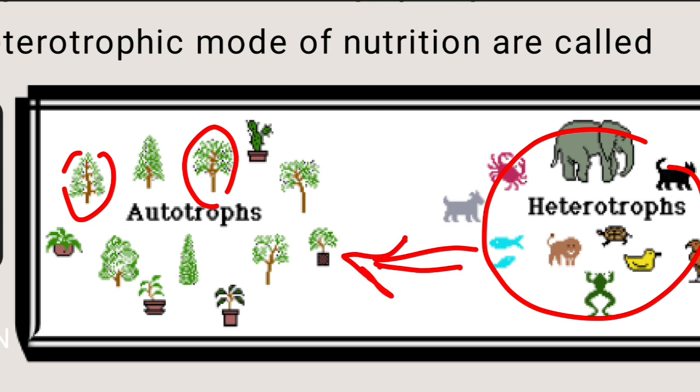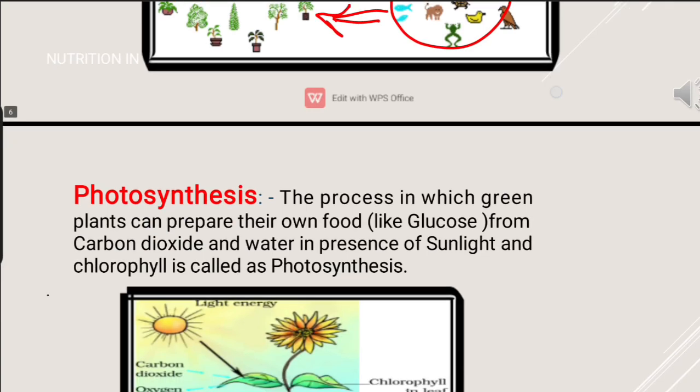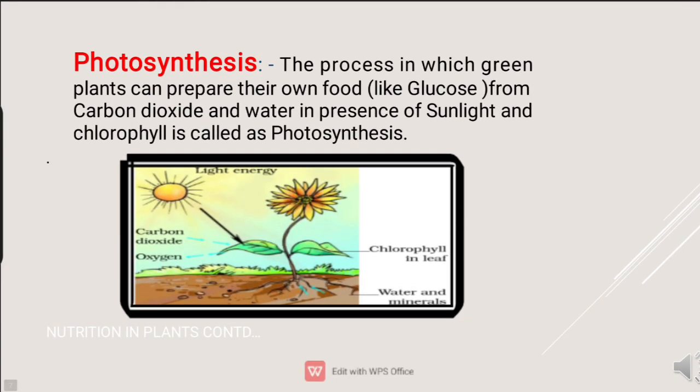So they are heterotrophs and these are autotrophs. Autotrophs can make their own food in the presence of sunlight and chlorophyll, while heterotrophs depend on plants for their food.